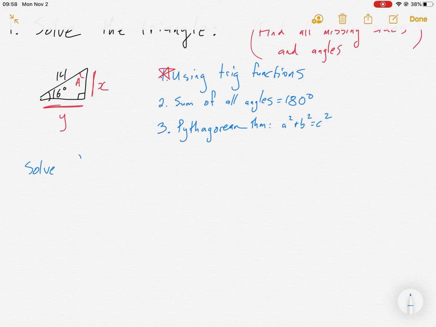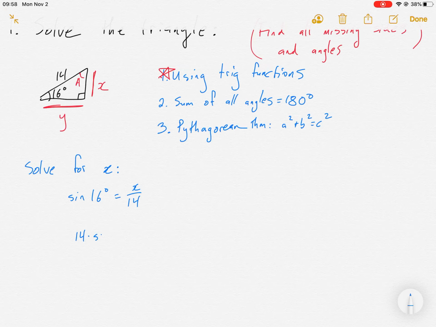Okay, so initially, let's just say I want to solve for x. Let's see if we can do it. Now I know that sine of an angle is the opposite side over the hypotenuse. So I actually could solve for x in this one right away, because all I need to do is move that 14 over.